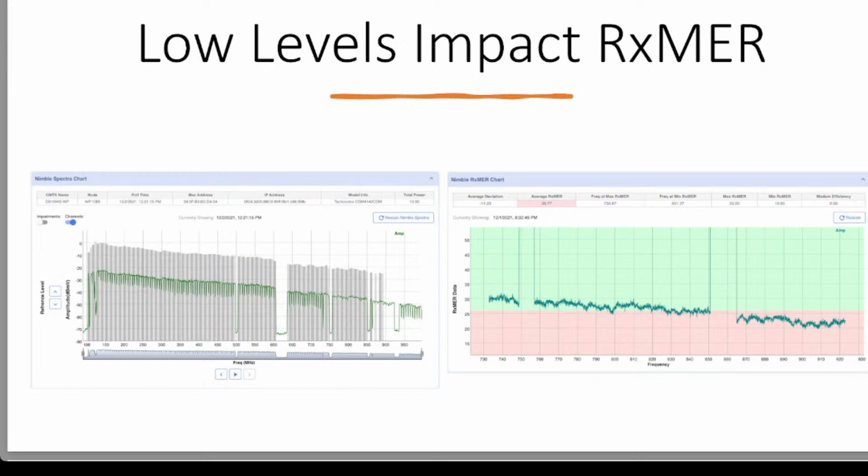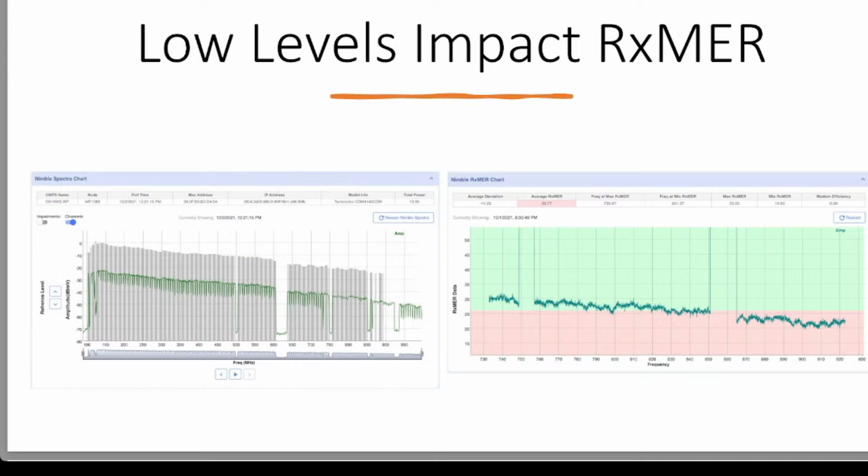But when we look at the OFDM channel, which is 700 megahertz up to about 900 megahertz, we can see that it is very, very low in RF level. And then on the right-hand side, when we look at the RxMER per subcarrier, we see the same linear tilt in the RxMER per subcarrier.